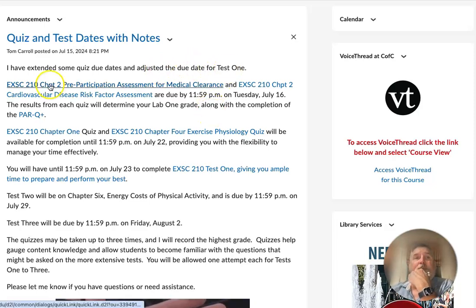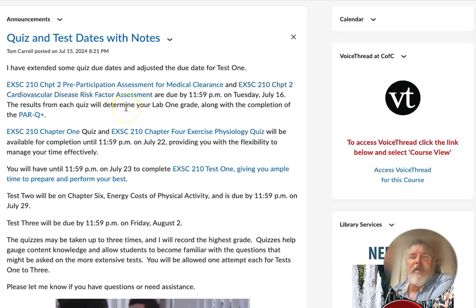So the pre-participation assessment and cardiovascular disease risk factor assessment, you should have already finished those by the time you're reading this. Some of you may need a little extra time. Those are due by 11:59 Tuesday, July 16th, which you should be reading this, so you have until 11:59 p.m. tonight if you're reading it on Tuesday, July 16th.